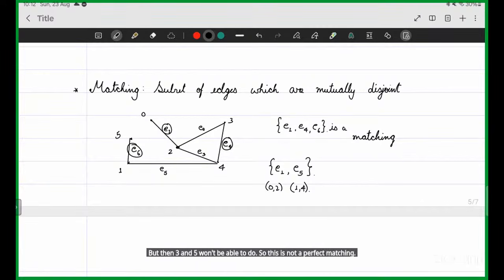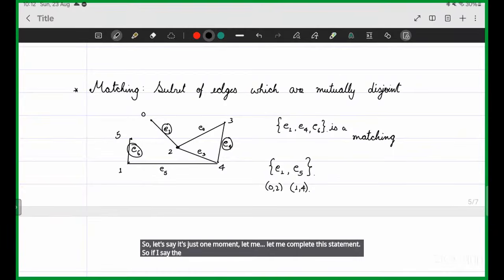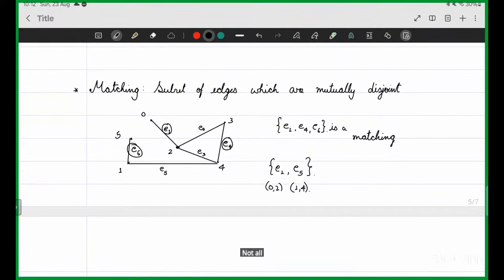Let me complete this statement. If I say the projects can be done in groups of 2 or they can be done solo, then 0, 2, 1, 4 and then 3 and 5 do it by themselves. That is okay. That is one way to assign projects, but it is not a perfect matching because not all vertices are taken care of in the matching itself.